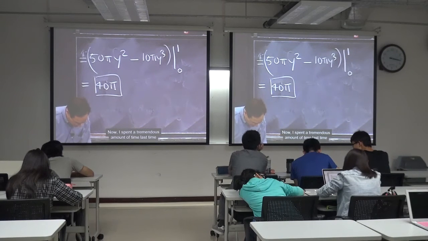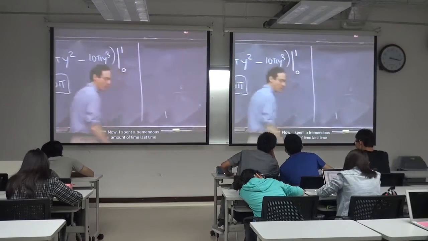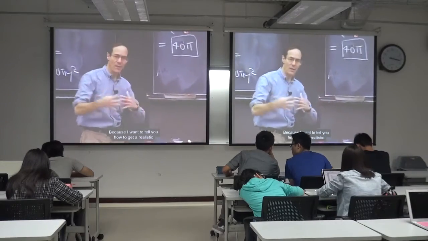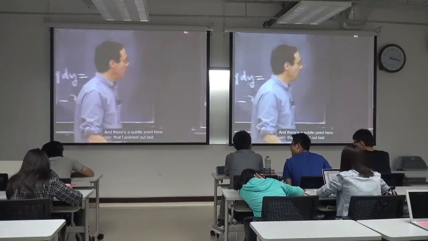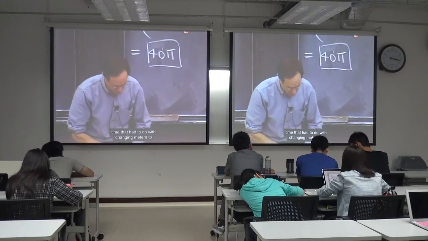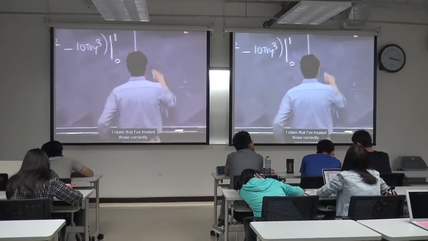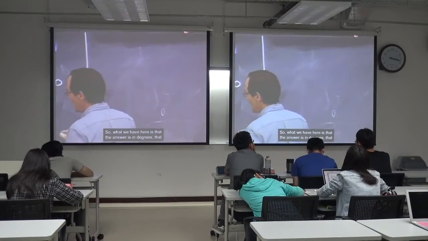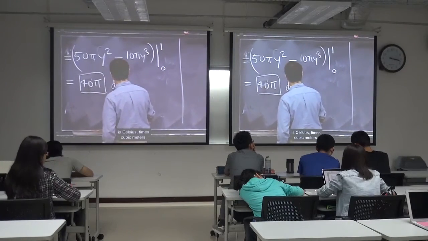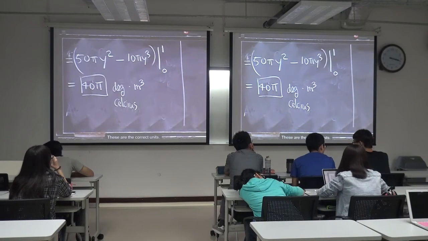Now, I spent a tremendous amount of time last time focusing on units, because I want to tell you how to get a realistic number out of this. And there's a subtle point here that I pointed out last time that had to do with changing meters to centimeters. I claim that I've treated those correctly. So what we have here is that the answer is in degrees Celsius times cubic meters. These are the correct units.